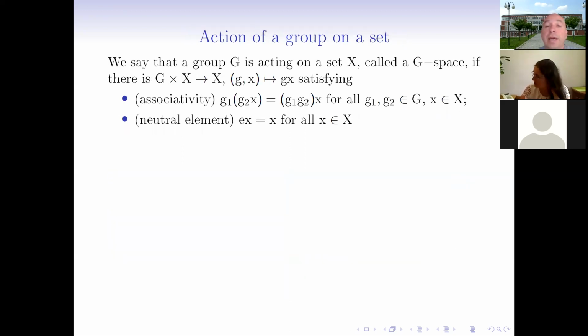Now I'm coming to the end, so I'm slowly moving to the representations, which is the subject of the lectures.